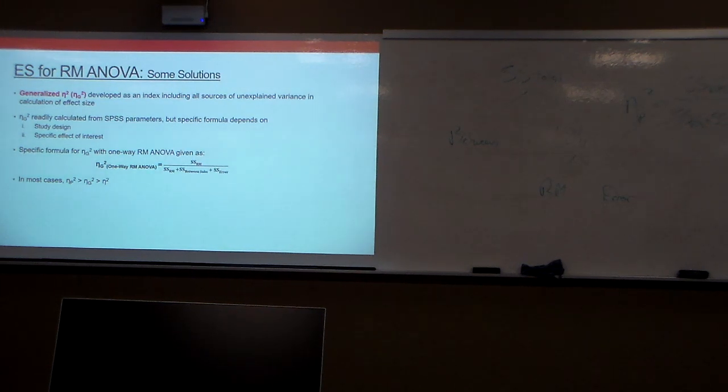Okay. And so in most cases, our eta squared is going to be less than our generalized eta squared, which is going to be less than our partial eta squared, just in terms of what's getting added in. And just think about this mathematically, what's getting thrown into our denominator.